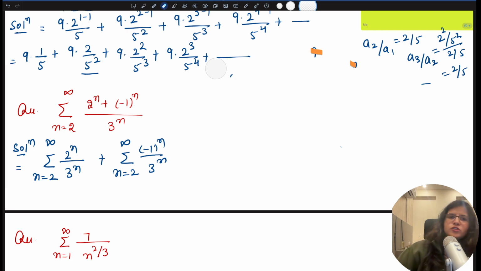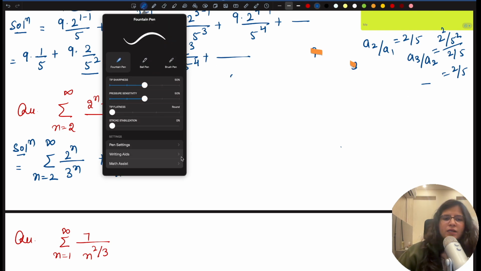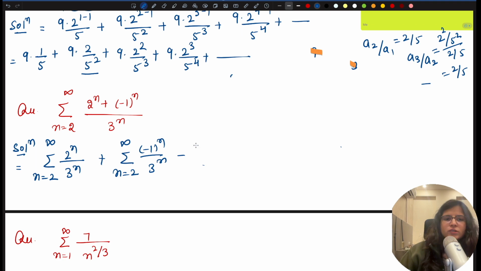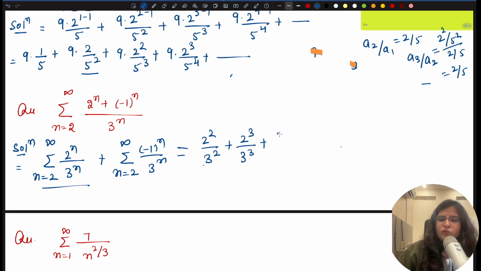Okay, so if you expand these expressions, first expanding the first expression, you will get 2 square by 3 square plus 2 cube by 3 cube plus 2 to the power 4 by 3 to the power 4 plus 2 to the power 5 by 3 to the power 5, and so on.